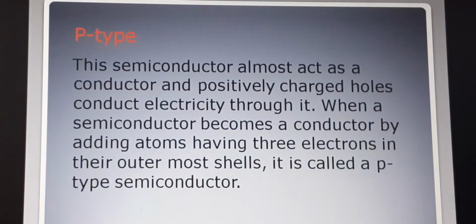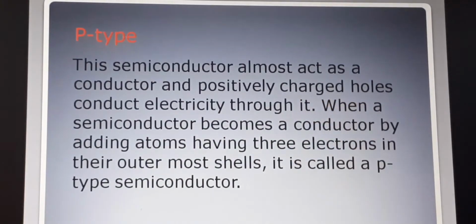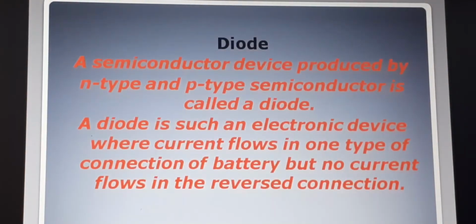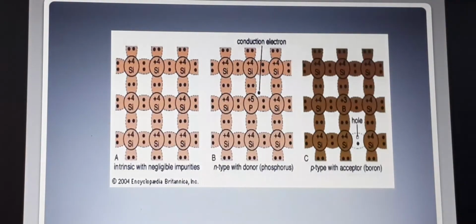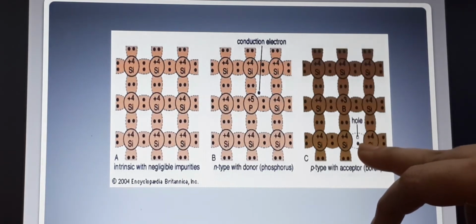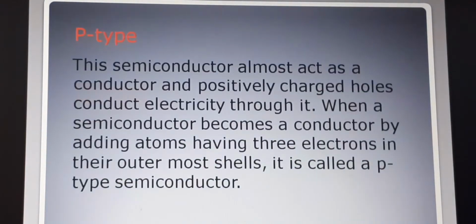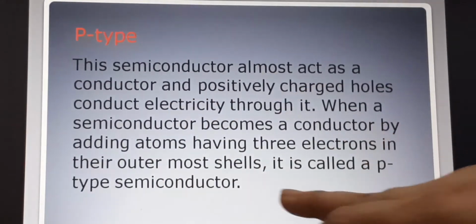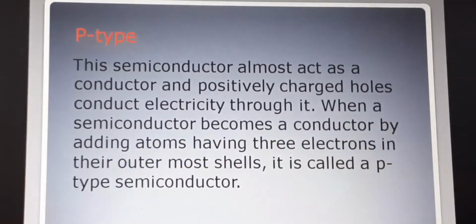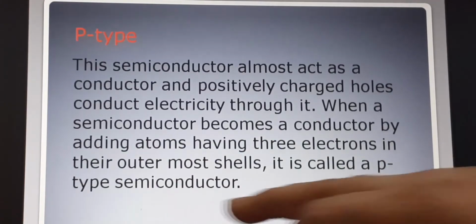Now P-type. These semiconductors almost act as a conductor, and positively charged holes conduct electricity through it. These are the holes, and they act as the flow of current, conducting positively charged holes. A semiconductor becomes a conductor by adding atoms having 3 electrons in the outermost shell.